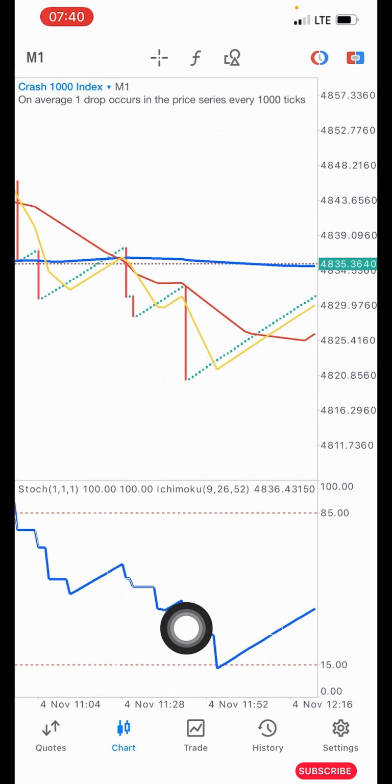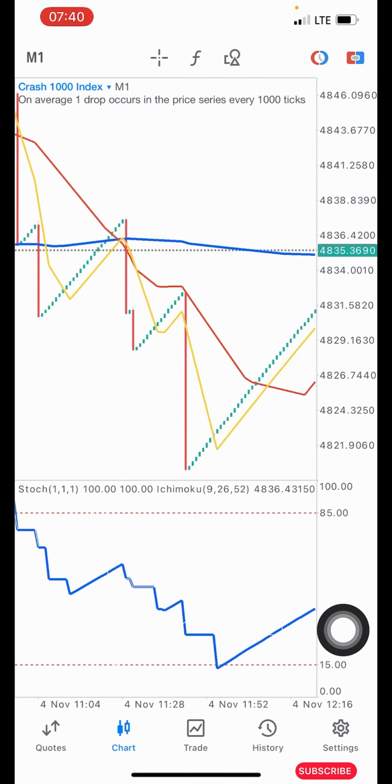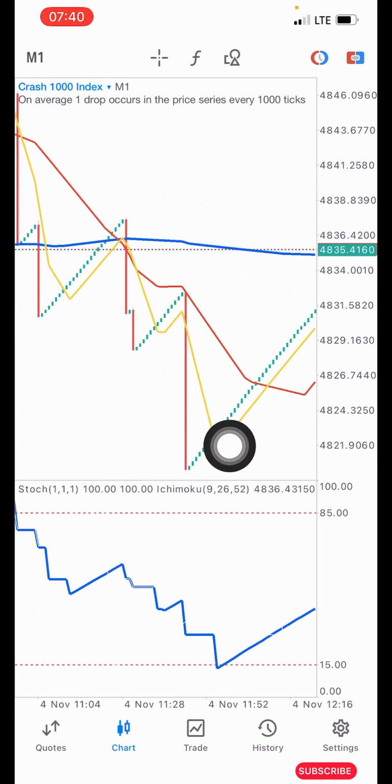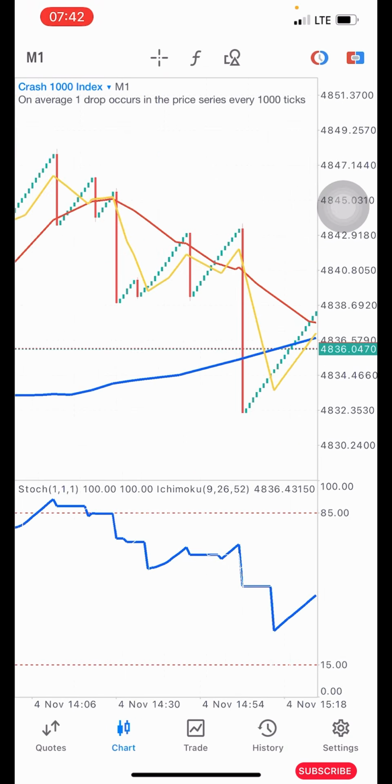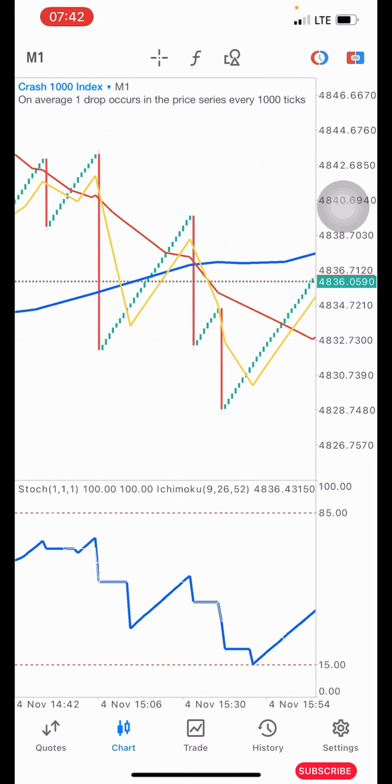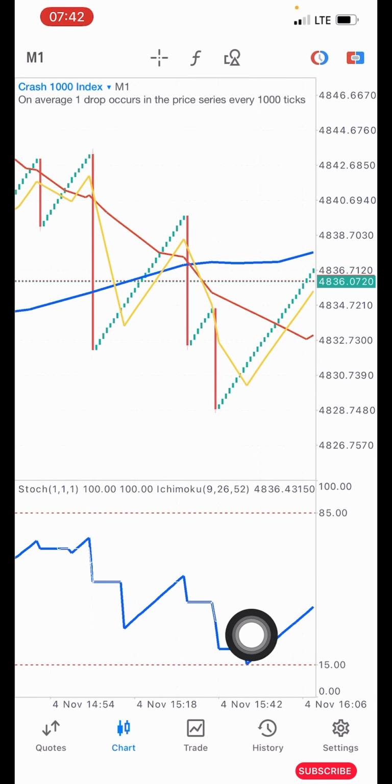Now you see that our condition is being met here and the yellow and red line is below our blue moving average, right? So you wait for crossing, you pick your 5 candles around here. Let's wait for another opportunity again. So you can see that the condition is being met here again, right? You wait for the crossing and then you pick your 5 candles.